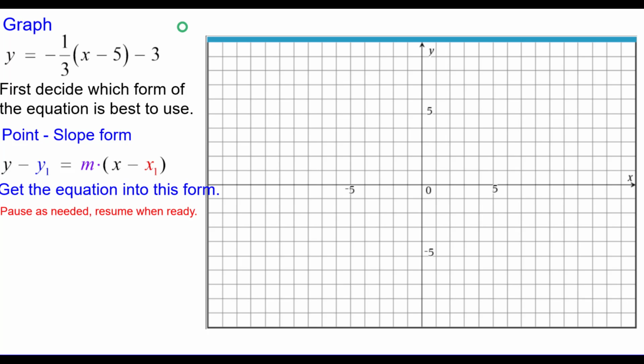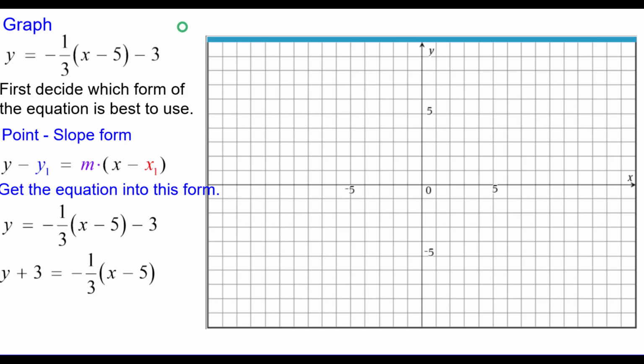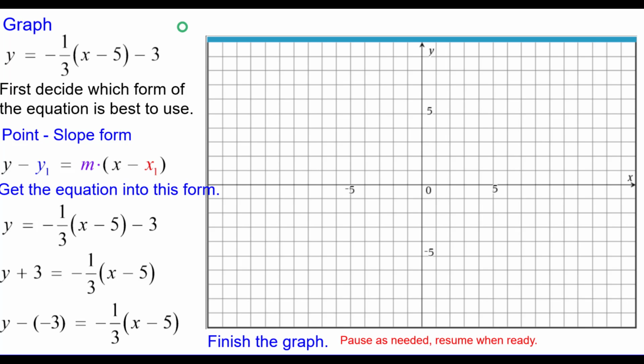Pause as needed. Resume when ready. Here we need to add 3 to both sides, and then rewrite this plus 3 as a difference, minus negative 3. Go ahead and finish the graph. Pause as needed. Resume when you're ready.